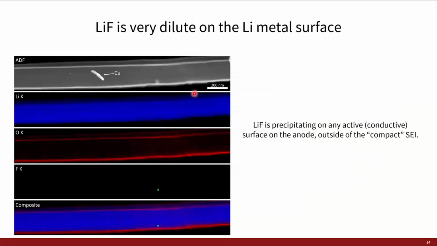And if we map enough of these lithium metal filaments, we can see that there are in fact some lithium fluoride precipitates coming down on some of these lithium metal surfaces, but they are very dilute, and they are precipitating outside of this compact SEI film on the lithium metal surface.